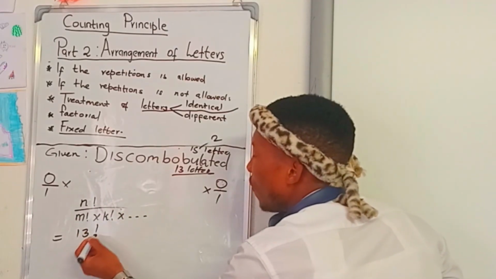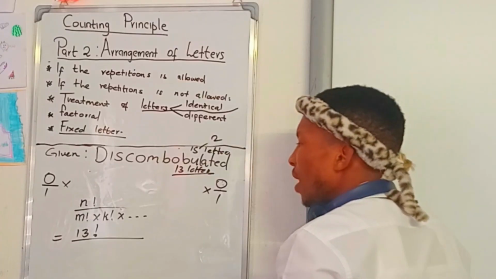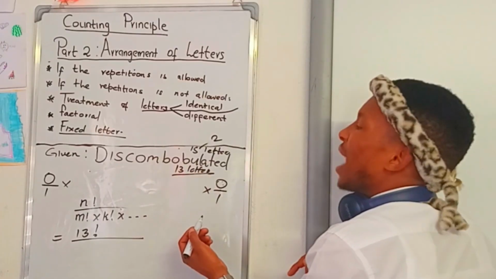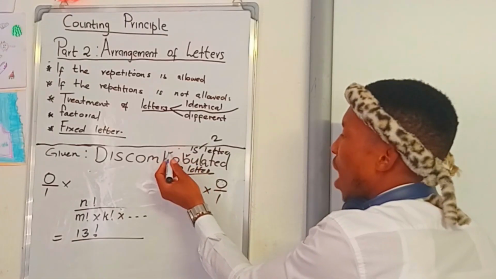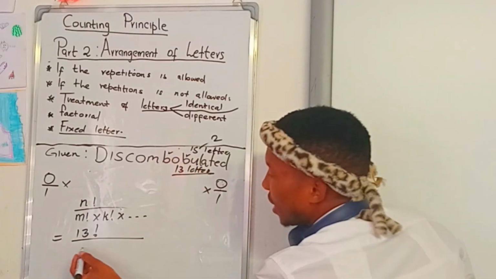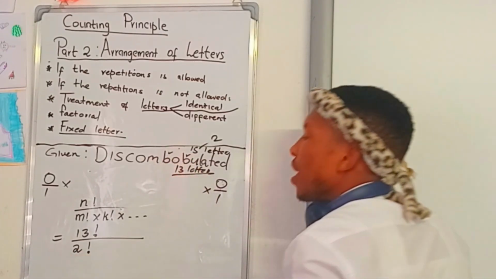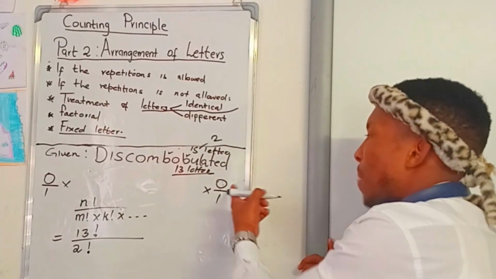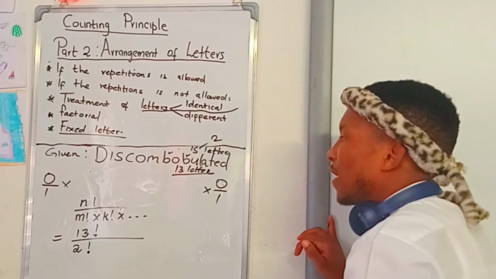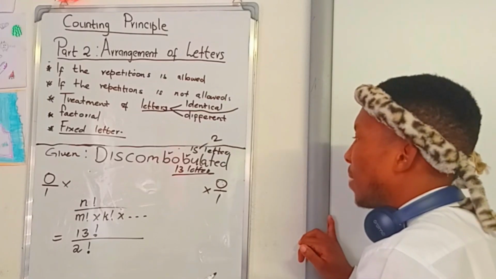We have 13 factorial over. Then, how many letters are repeated here? We have B. Do you see B? We have 2 B's that are repeated, as well as O is repeated, but now it's fixed. We are no longer going to use O. Do you have another letter that is repeated here?